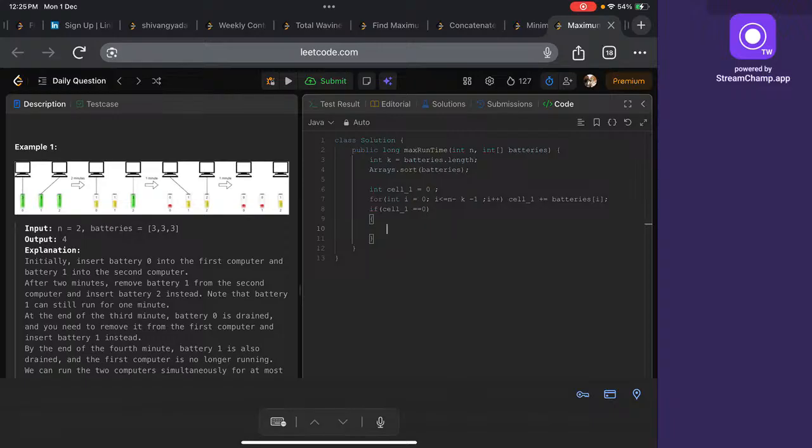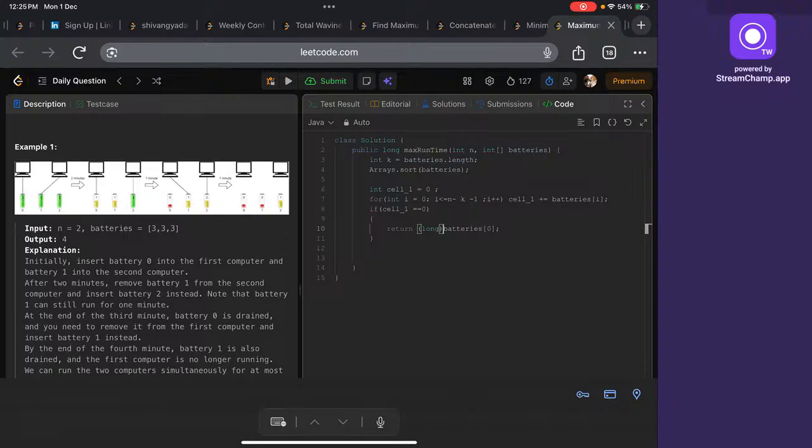We have no surplus batteries. So what we can do, we can just return batteries of 0. It will run at exactly batteries of 0 minutes, the first value of that is the minimum time.